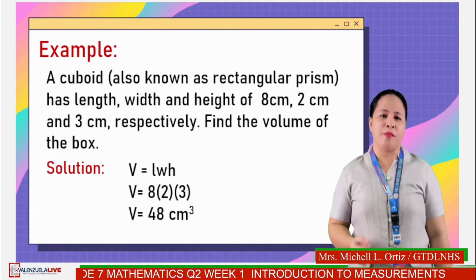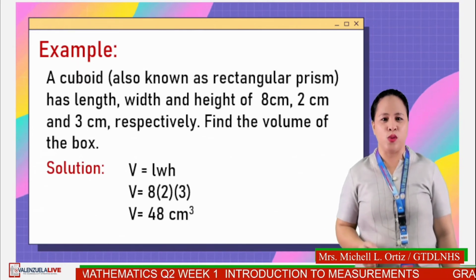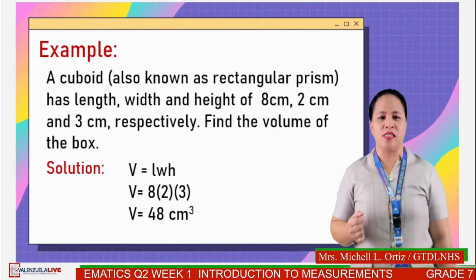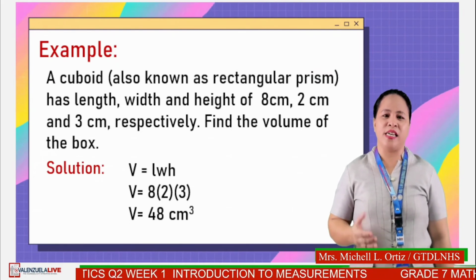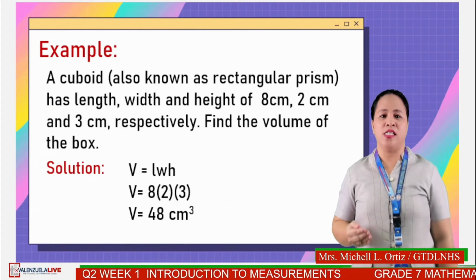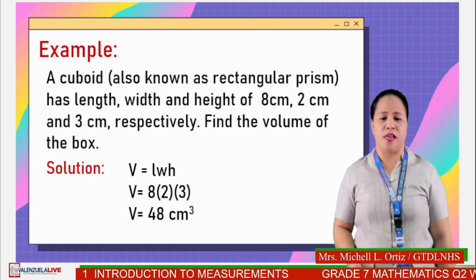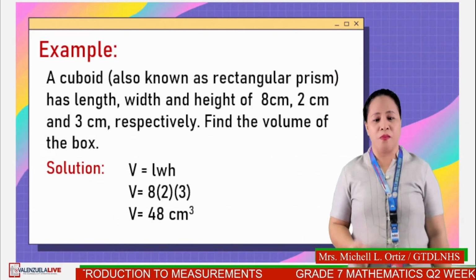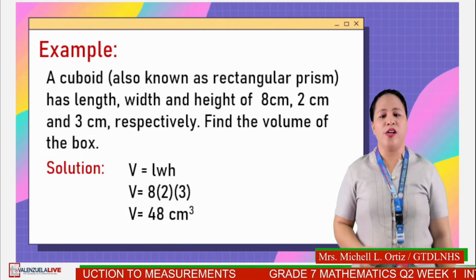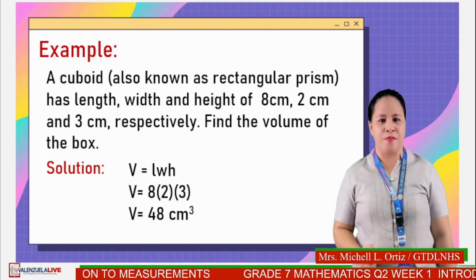So we use the formula V is equal to length times width times height. Replacing length with 8, the width with 2, and the height with 3, multiplying all of this, we will get the volume of the box equal to 48 cubic centimeters.